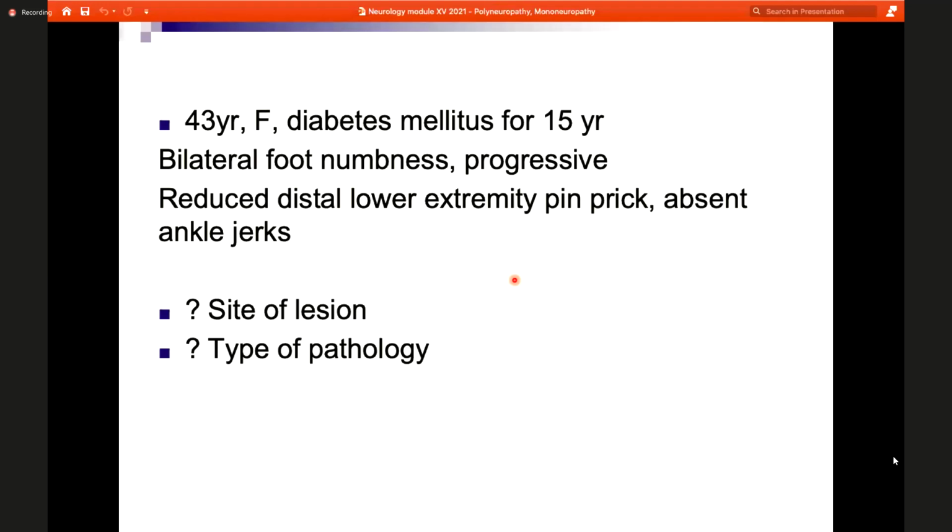S1 is the sole of the foot or heel, then the back of the calf, maybe a bit of S1 and S2, the back of the thigh, maybe part of S2 and S3, and the buttock, S3. So you sit on your S3. Correct. So here, if it is an L5 S1 lesion, let's say a bilateral L5 S1 lesion, it can produce this sensory impairment, and it can produce absent ankle jerks. What is the segment for ankle jerk?